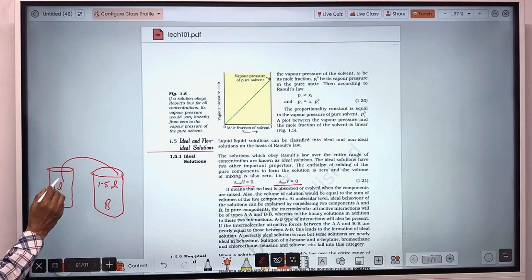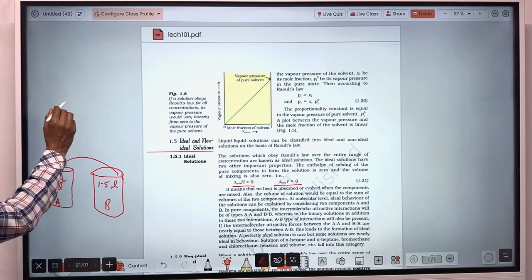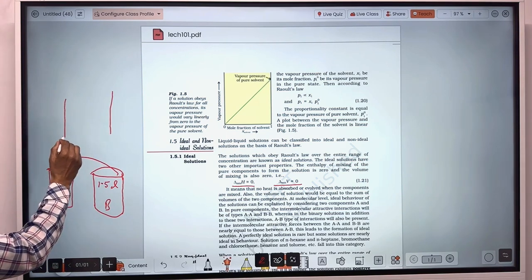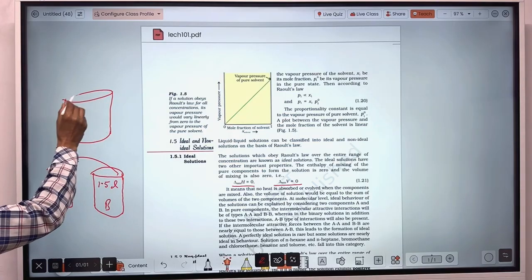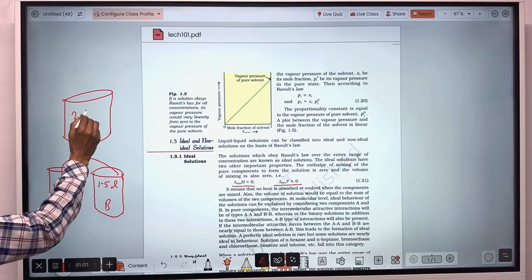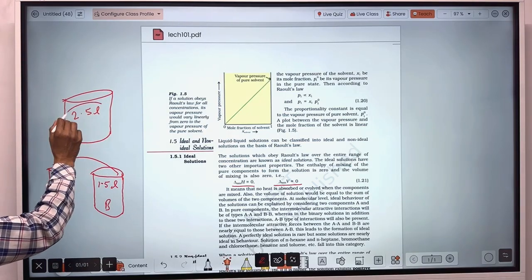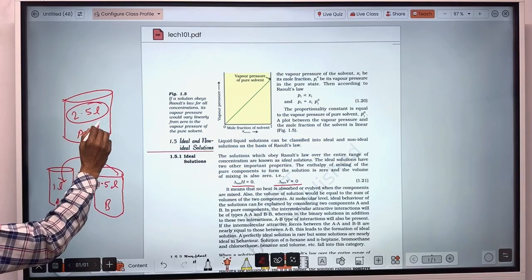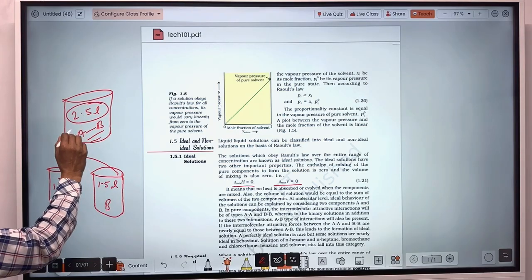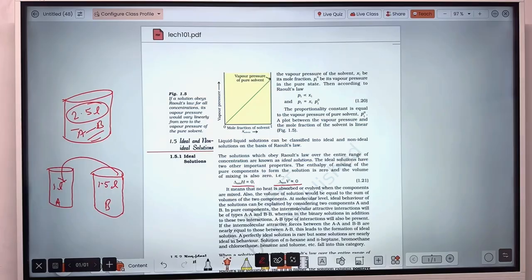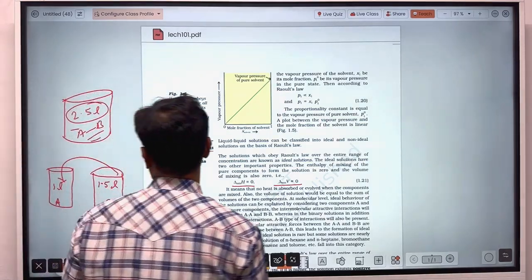When you mix both the liquids, then the volume of the resulting solution should be exactly 2.5 liter.